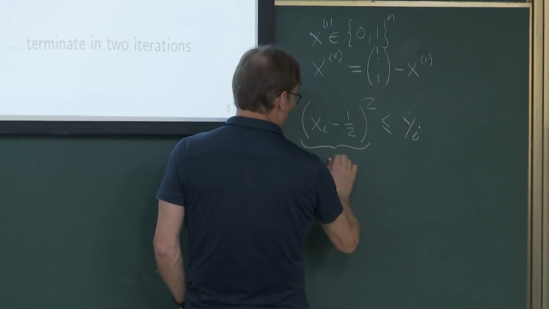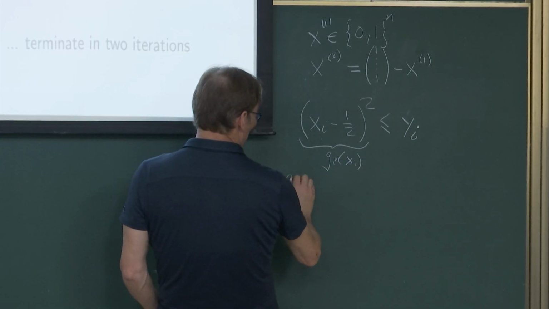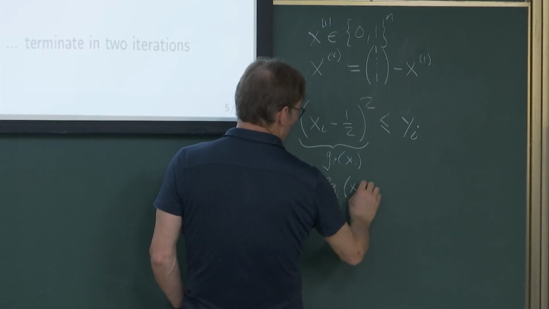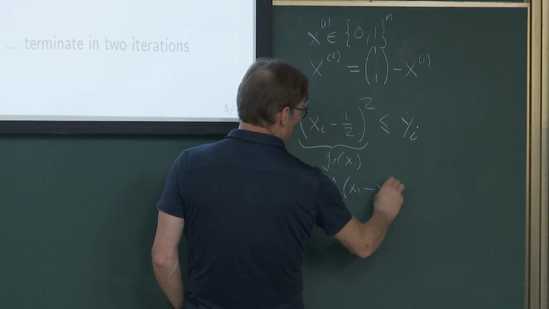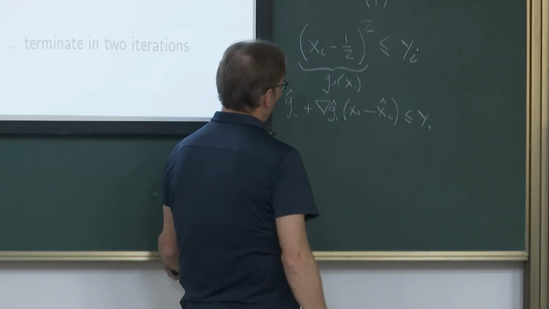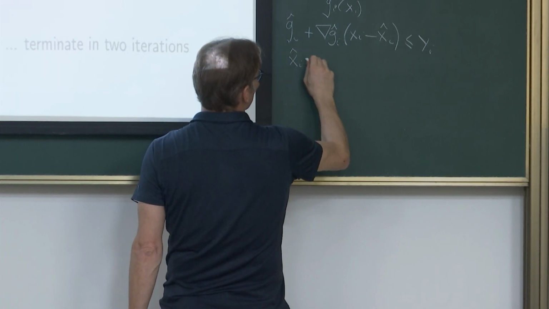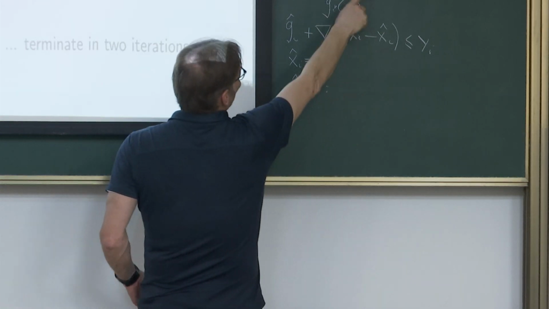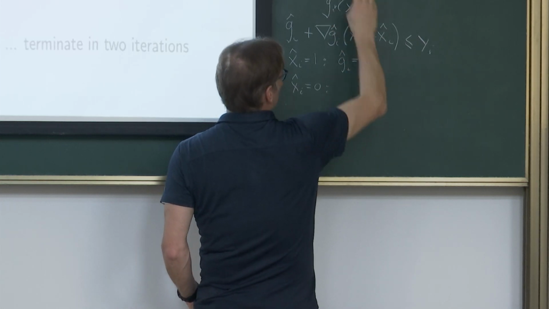If I call this function gi of xi for the moment, then the linearization is the value of gi plus the gradient of gi times xi minus xi hat, at a particular point xi hat, less than or equal to yi. I now have two cases: either xi hat is equal to 1 or xi hat is equal to 0, and the function value is the same. In both cases, gi hat is just a quarter.